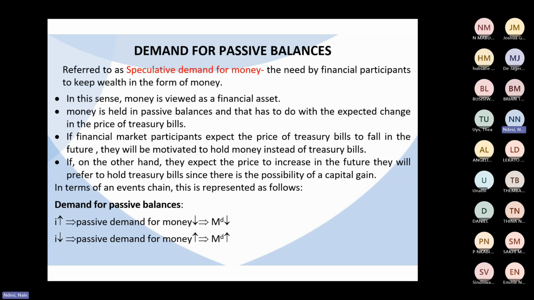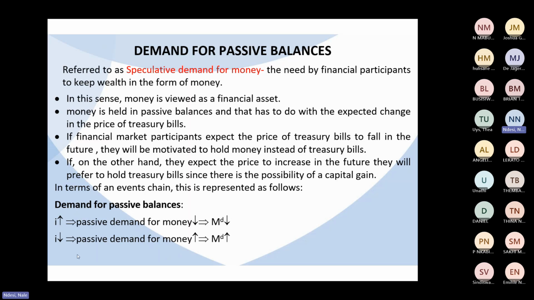We can also represent that in terms of a chain of events. We have explained it in words, we can now explain it by chain of events. An increase in the interest rate will mean that the passive demand for money will go down, and the demand for money will go down.